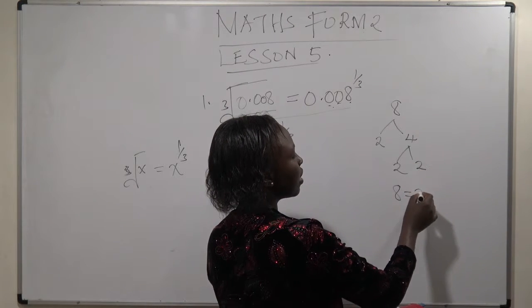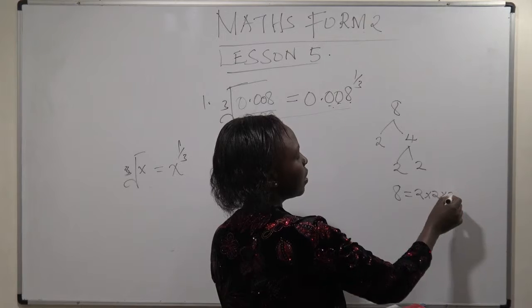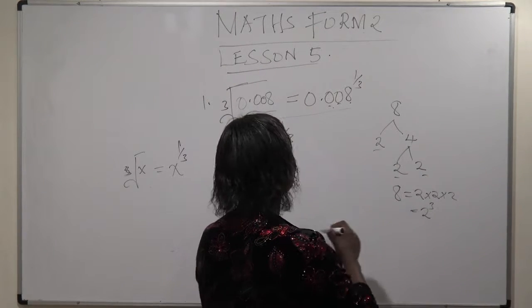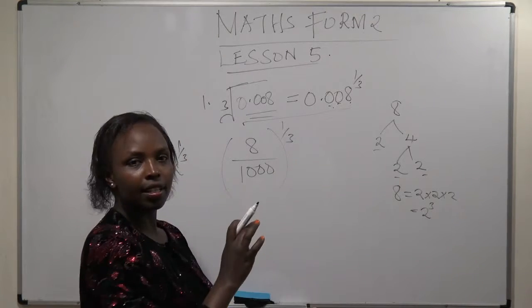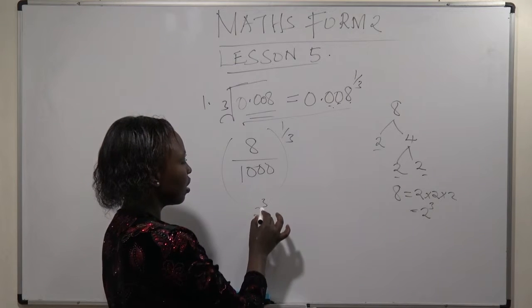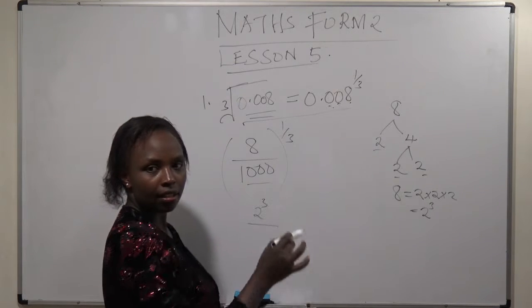So 8 can be written as 2 times 2 times 2, which is equal to 2 cubed. So instead of 8, we write 2 cubed over 1000.